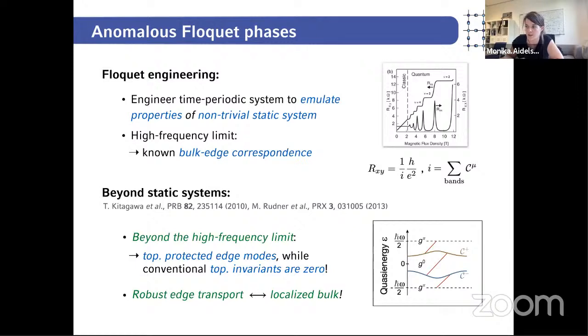And this can be used to generate a new situation where you can have edge modes, although the Chern number of the band is 0. Okay, so there's a modified bulk-edge correspondence, which does not allow you anymore to use the usual tools, just computing the geometric properties of the Floquet Hamiltonian, to predict if there are edge modes in a finite system or not.